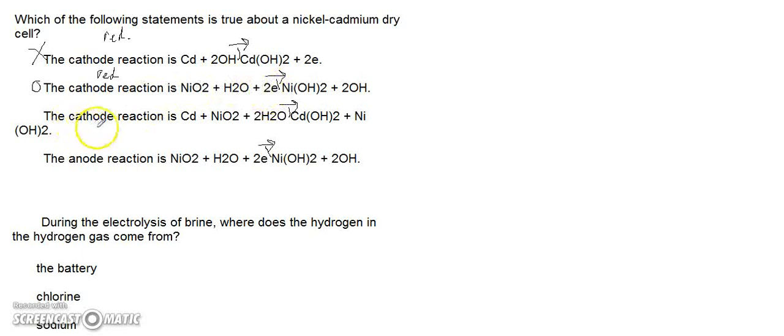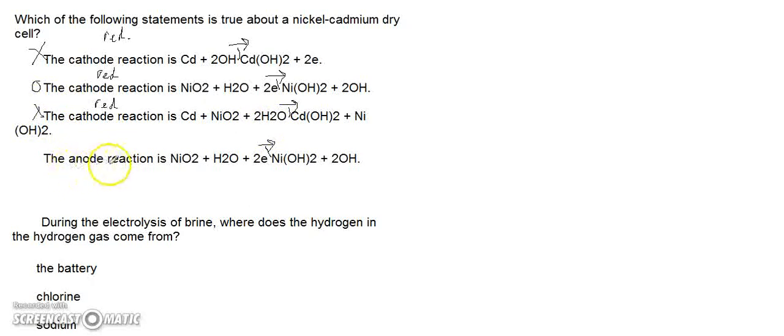Okay, next one, the cathode reaction, again should be reduction, is this. I don't even see any electrons in this equation. So that's probably not going to be the answer. I don't even see any electrons moving around. So probably not the third one, C.